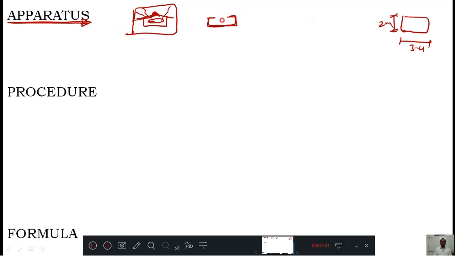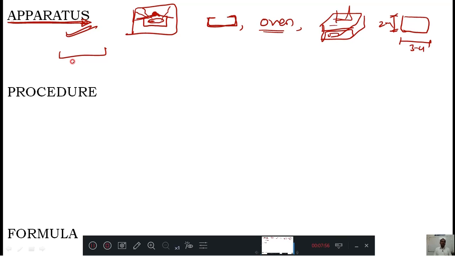That is the apparatus you want, and you want a thermostatic oven, and a weighing balance. Here you can put something and weigh it. And if you want a tray and all that, you can take. These are the apparatus you require for the water content.